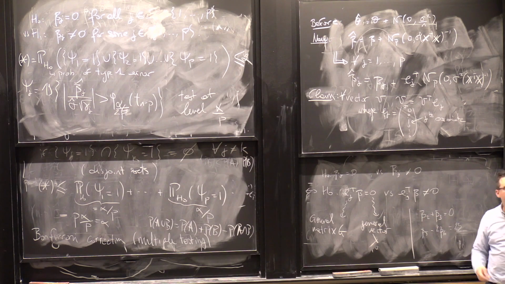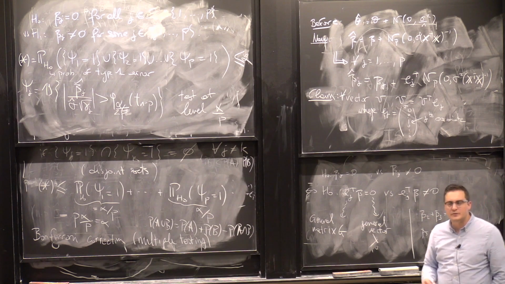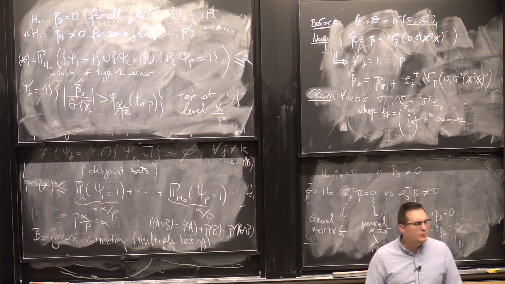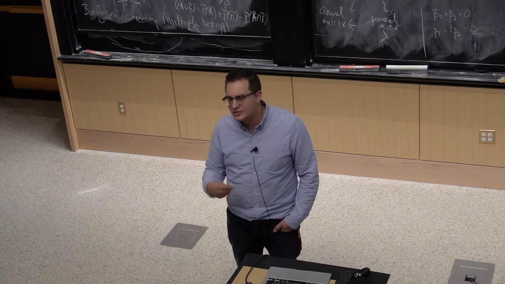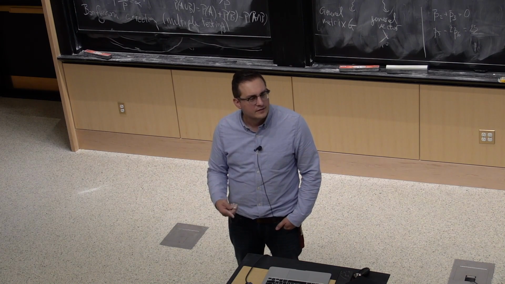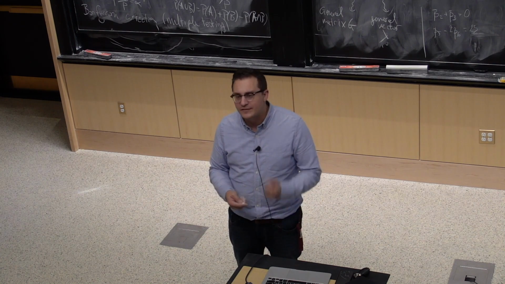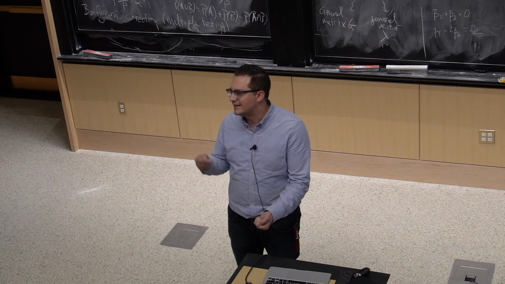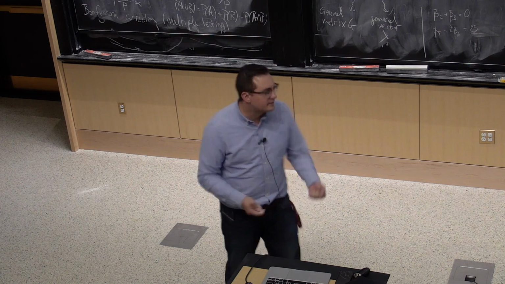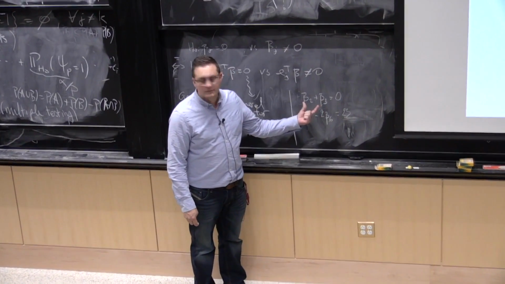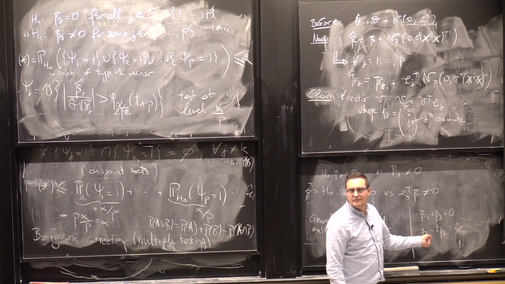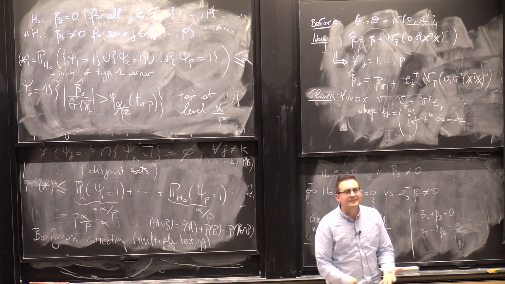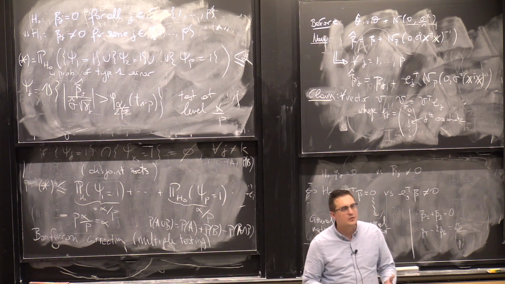But why would you want to test if beta 2 plus beta 3 is equal to 0? Maybe you know that this gene affects this trait. But you want to know if the effect of this gene is canceled by the effect of that gene. And this is the kind of stuff that you're going to be testing for. Now, this guy is much more artificial, and I don't have a bedtime story to tell you around this, right? So those things can happen and can be much more complicated.